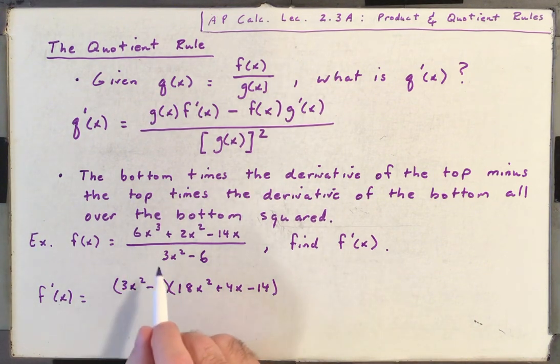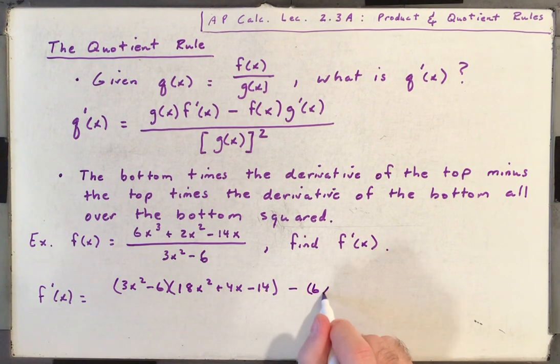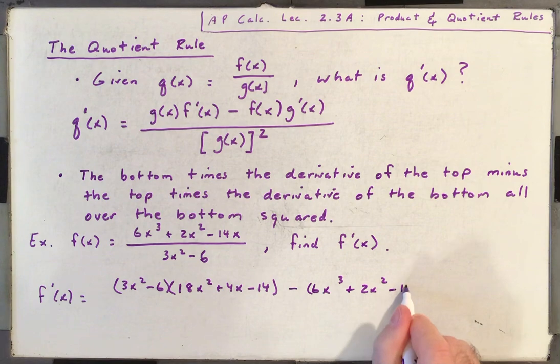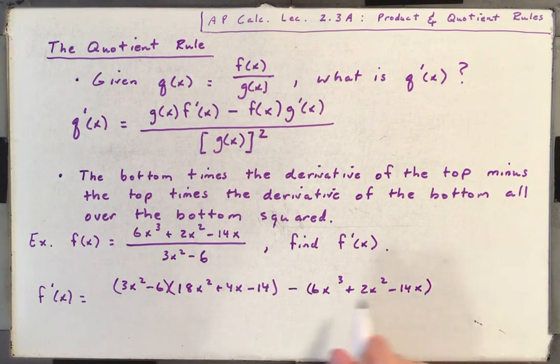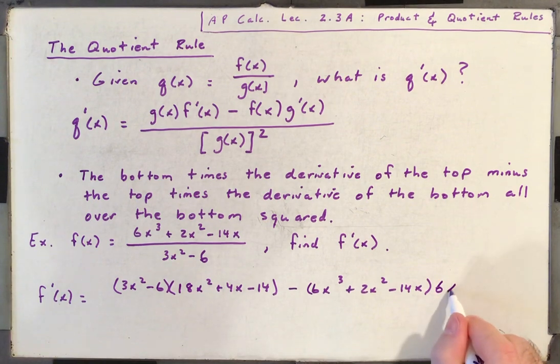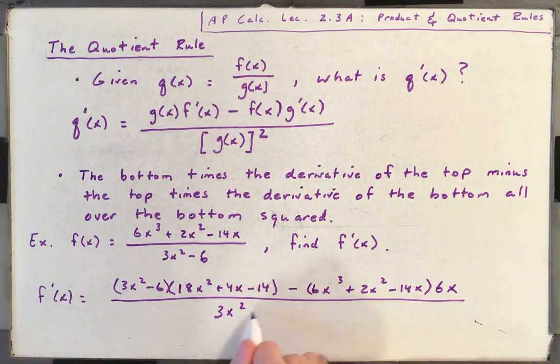We've got the bottom times the derivative of the top, minus the top, 6x cubed plus 2x squared minus 14x, times the derivative of the bottom. That's going to be 6x, all over the bottom squared, 3x squared minus 6, all squared.